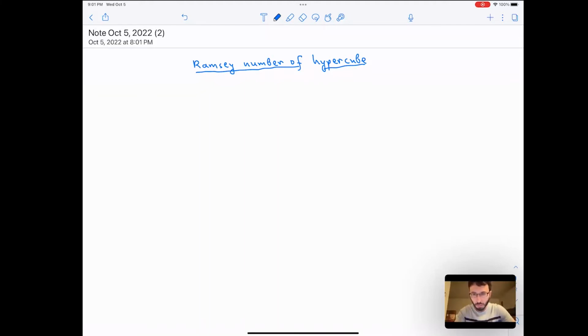The hypercube is a reasonably sparse graph, and you can ask what property guarantees that the Ramsey number is relatively large versus not that large. I'm going to make this a bit more precise. In this talk, let me talk about bipartite graphs only. I will not discuss more.